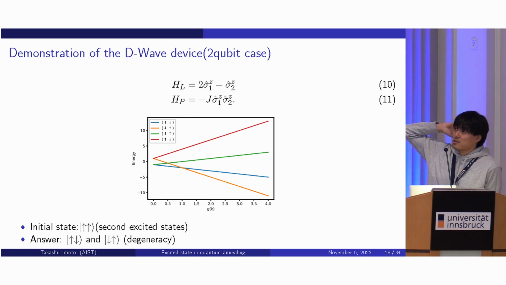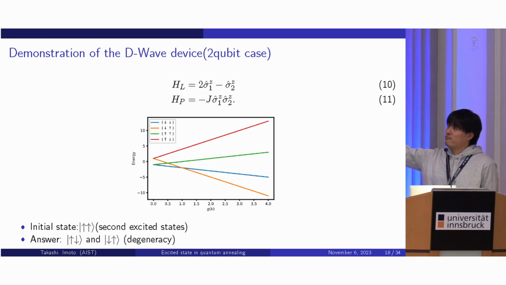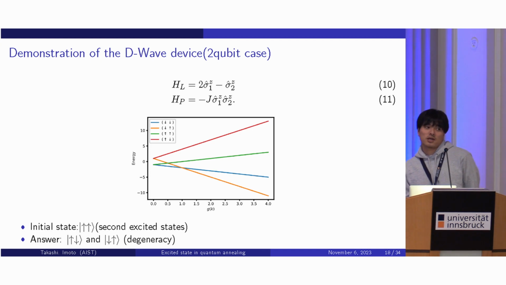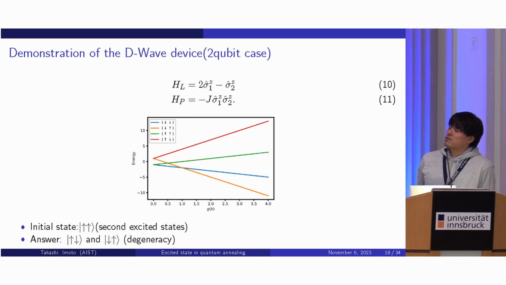Okay. So this is the energy diagram of our scheme. And here, when we consider the right side, this is the problem Hamiltonian energy spectrum. On the other hand, on the left side of this figure, we consider the problem Hamiltonian plus the longitudinal magnetic field.